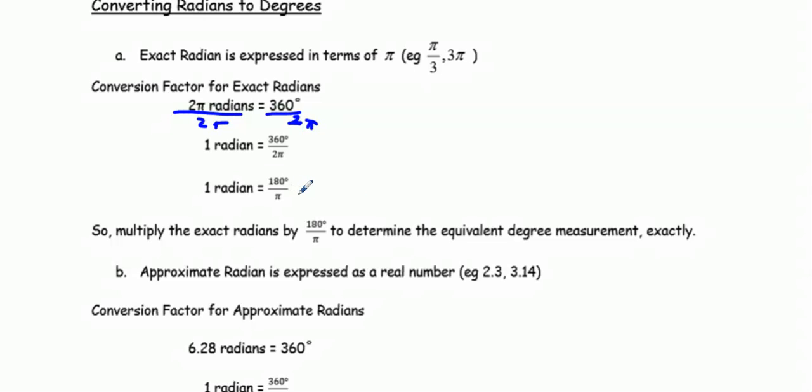So if 1 radian is this many, and we have 50 radians, then we just multiply 50 by 180 over pi to get the exact number of degrees.